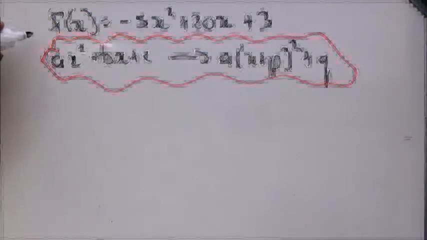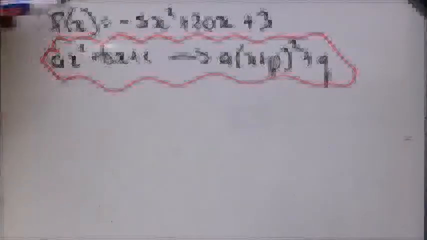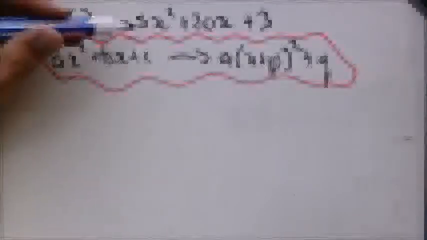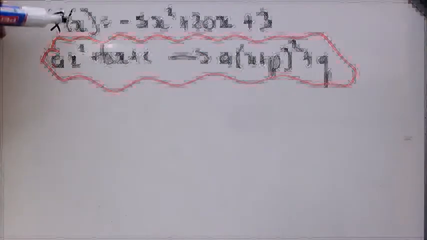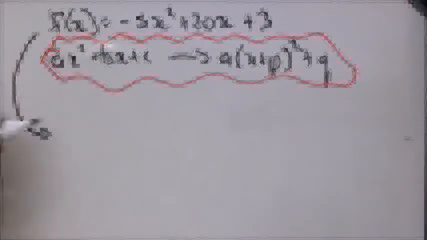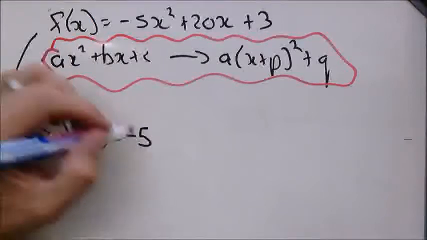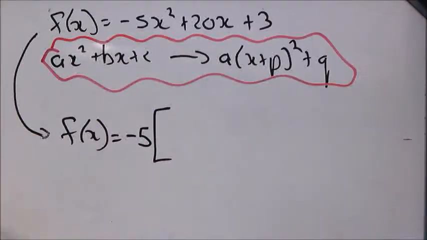Okay, so first things first, this is not equal to 0, so we cannot cancel something out. We can factorize by taking it out, but we cannot cancel it out. Okay, so let's start. And that would be our first step. Take out the negative 5.